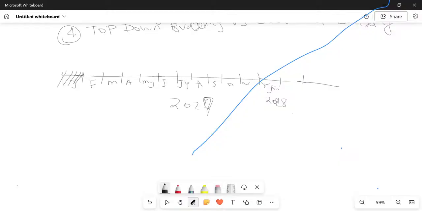Take a break to discuss what's written on the board. Number 1 to 4. You simply write high level. Like, for example, definition of rolling budget.